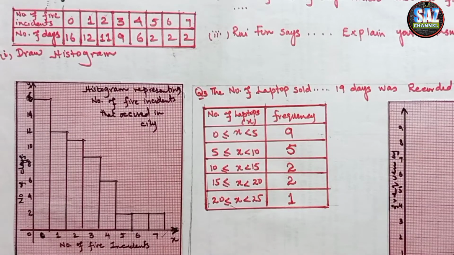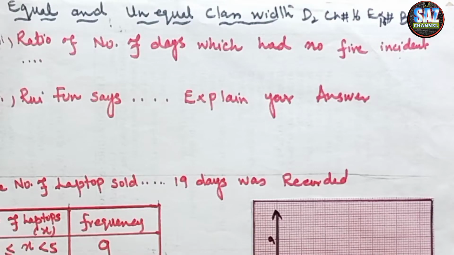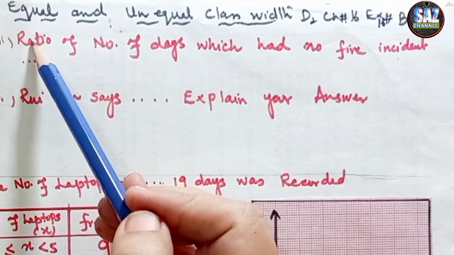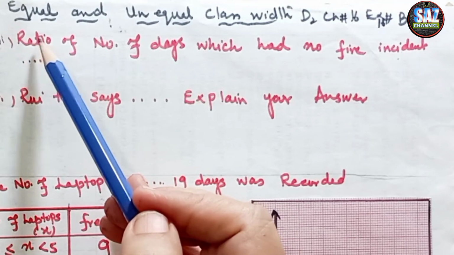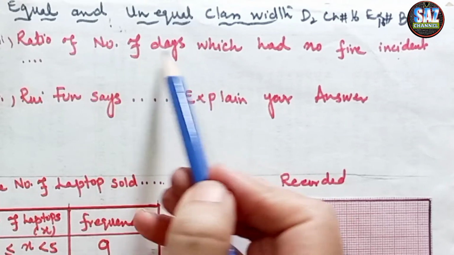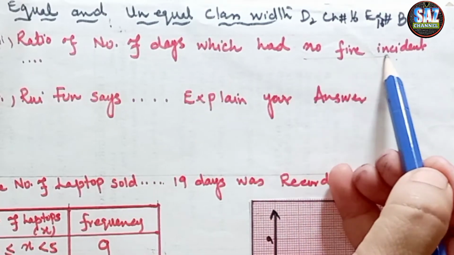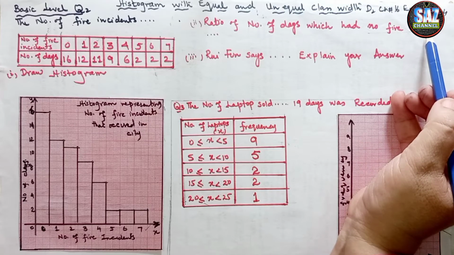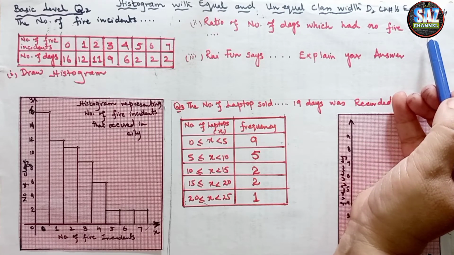Okay, histogram is done. Then the question says find the ratio of the number of days. Ratio means that we have to find the fraction of the number of days when there is no fire incident, to the number of days which have more than 5 fire incidents.